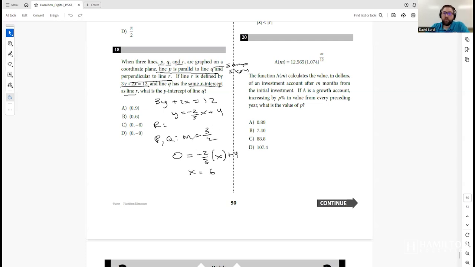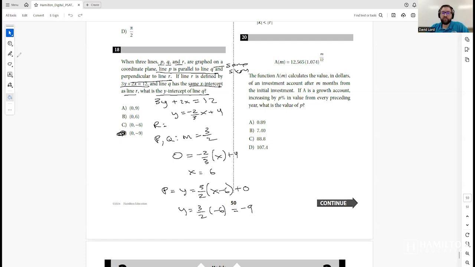Well, now that we know that, we can make our P and Q models. So P would be y equals 3/2 x minus 6 plus 0. And since we're looking for the y-intercept, we're going to plug in 0 for x. And 3/2 times negative 6 is going to equal negative 9. And the answer is D.